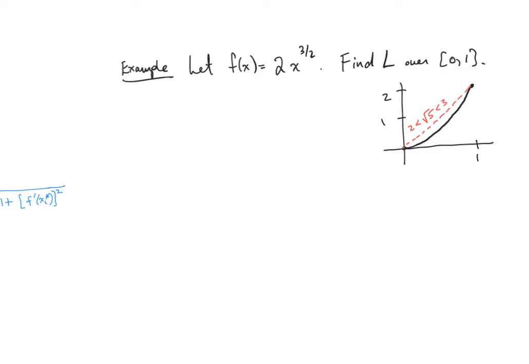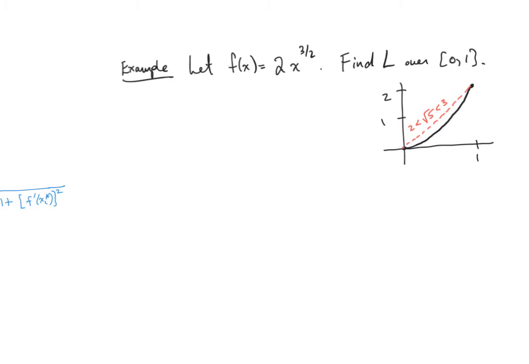So I know that the length of the curve is probably greater than the length of that line segment. So just approximating, I would expect my answer to be a little bit bigger than 2, definitely bigger than the square root of 5. So maybe like 2 point something. Anyway, we'll see what we get.